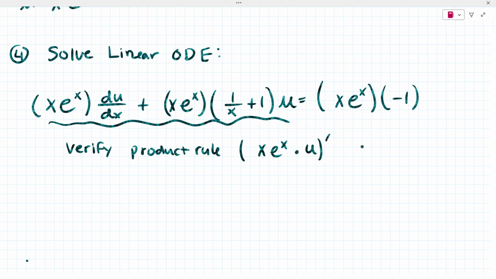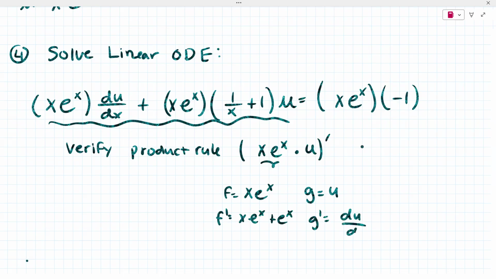It would be the product rule. So my f is x e to the x, and then my g is u. So my f prime, when you take the product rule again, would be x e to the x plus e to the x, right? And then my g prime is du dx.